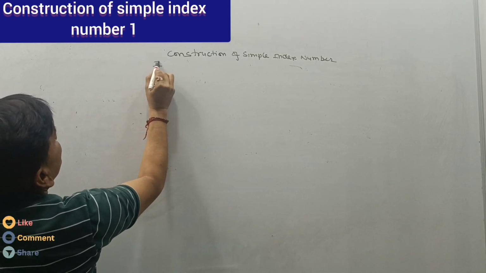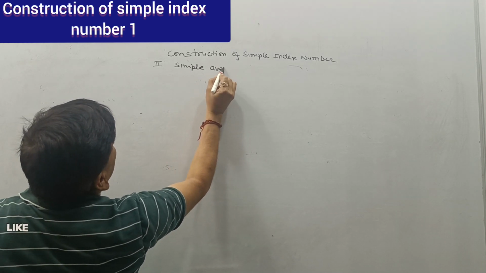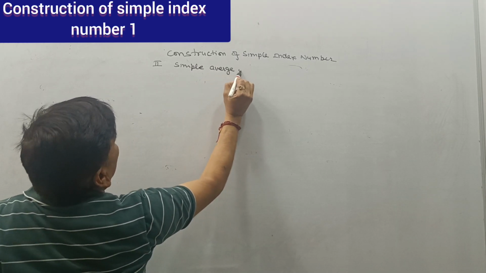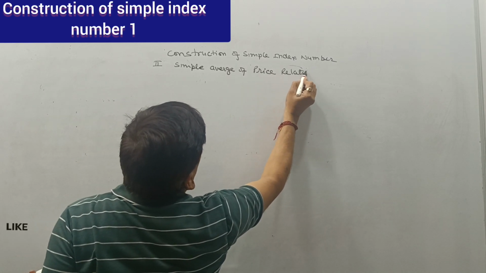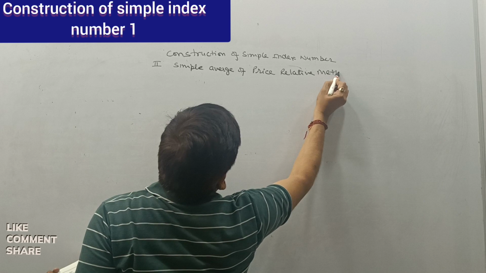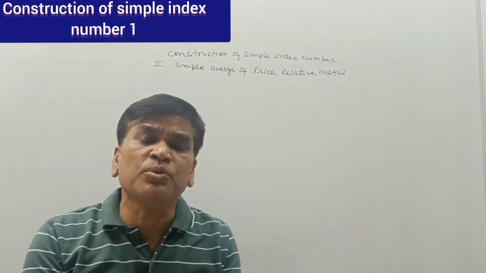Second method: simple average of price relative method. As I have told, this method has two types.